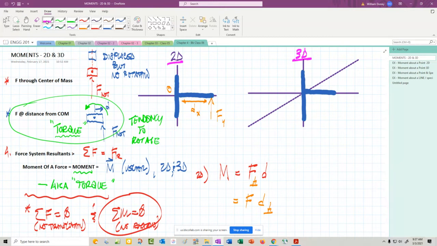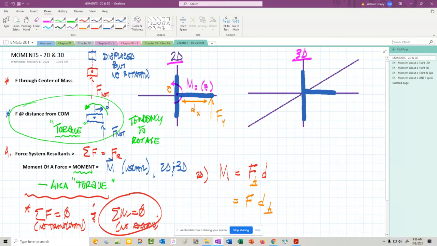And that force pushing at that distance, if this is held stationary, is having a tendency to want to rotate that arm about O. Now, is it trying to rotate the entire sort of side T structure that I've made there? Yeah, essentially. But the idea is it's rotating it, and that would be about our Z axis.